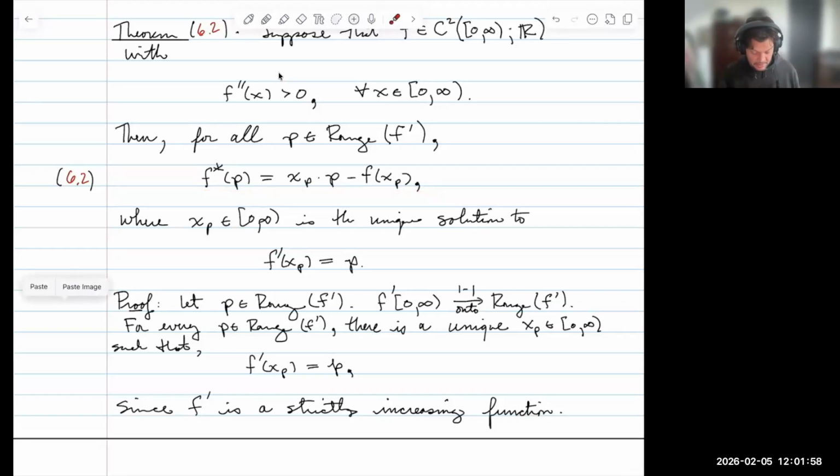So f of p, if we want to take the Legendre transform of that, then I should take x_p times p minus the original function. So the original function that I'm taking the Legendre transform of comes in this slot here.